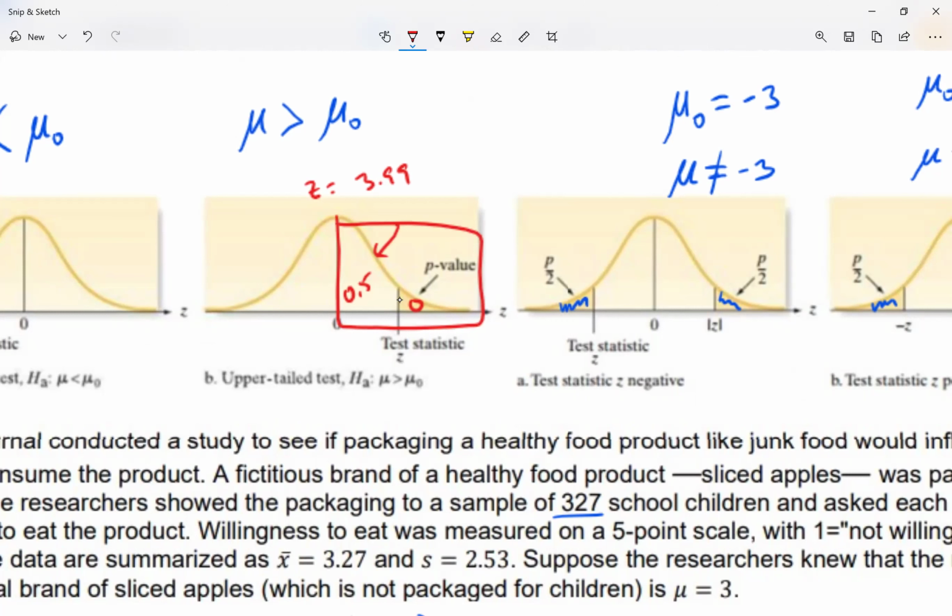So if my z value gets bigger, well, my probability cannot get bigger because I already have all of it. This little shaded area, it's so small that it is insignificant. After 3.99, that shaded area is so small that it is basically 0. Not exactly 0, but so small.